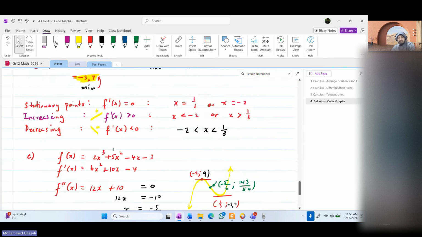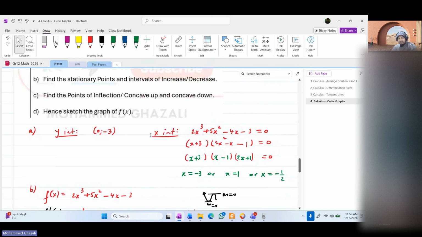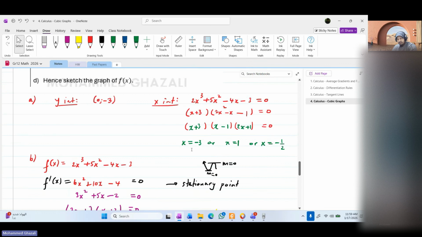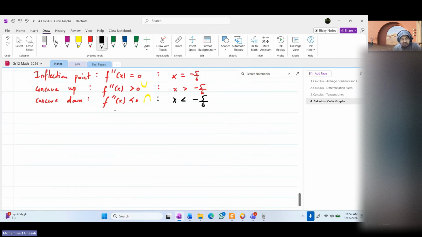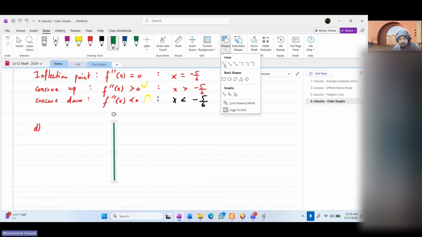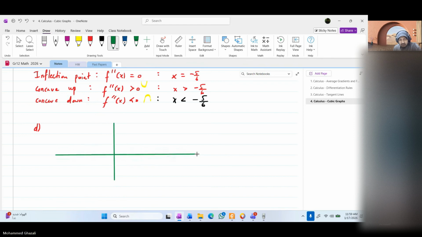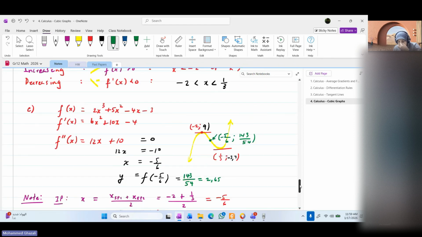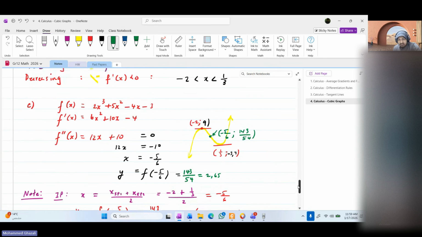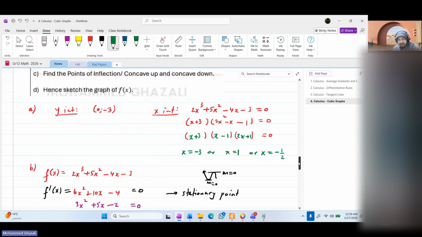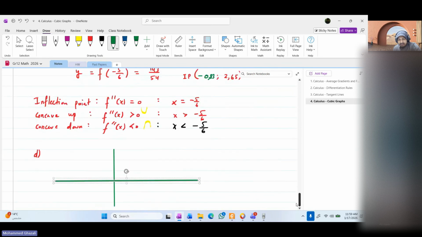Right, so now we are ready to sketch the graph with all the key features. So let's start with putting the x-intercepts first, right? Now comes the sketching part of the graph. It's easy to sketch, right? So what we had here was my x-intercepts: -3, 1, and -0.5.